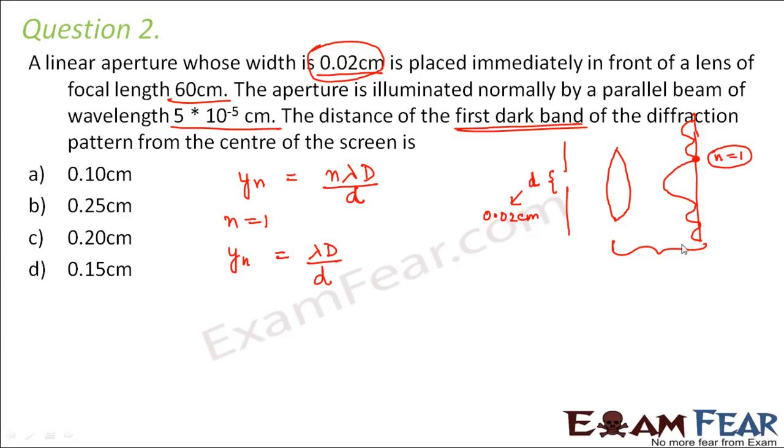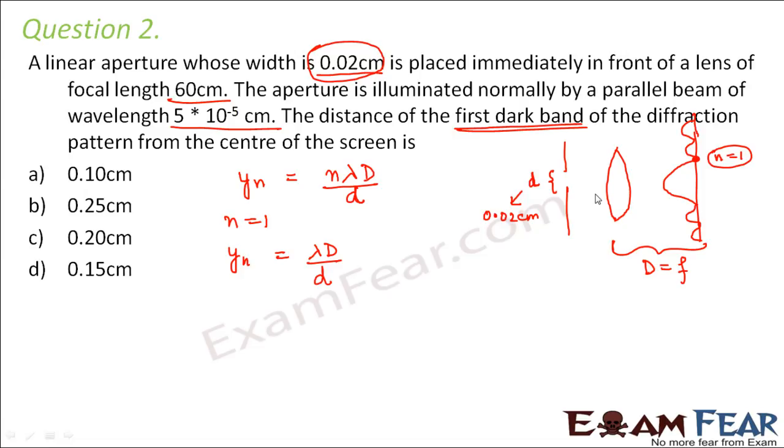What about capital D? That is the distance of the screen. How do we calculate that? In the problem the focal length is given. In these cases, the focal length of the lens is equal to the distance of the screen from the lens. Why is that so? Why do we have this lens here? The purpose of this lens is to focus the parallel beam of light onto the screen.